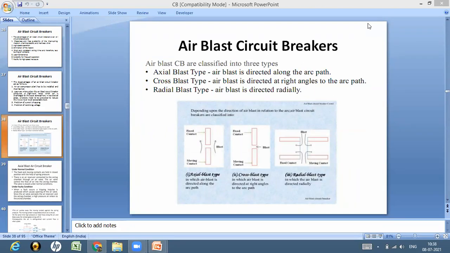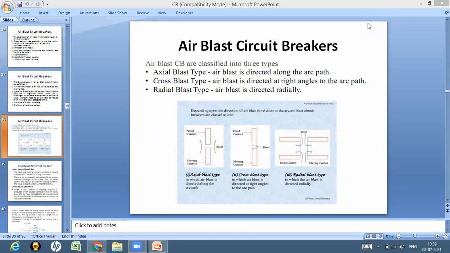As discussed in my previous lecture, in an axial blast the blast is directed along the arc path, meaning the blow of air travels along the path where the arc is generated. In a cross blast, we blow the air perpendicular, at a right angle, to the length of the arc path. And in a radial blast, the blast is directed radially, so that the arc is quenched in the shortest possible time.